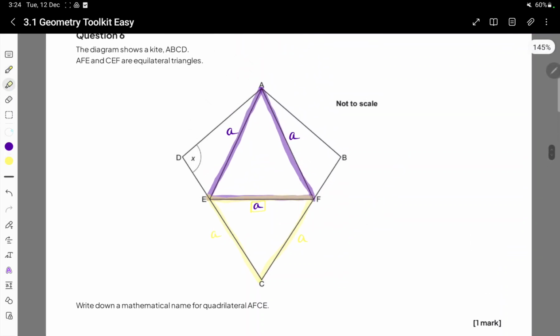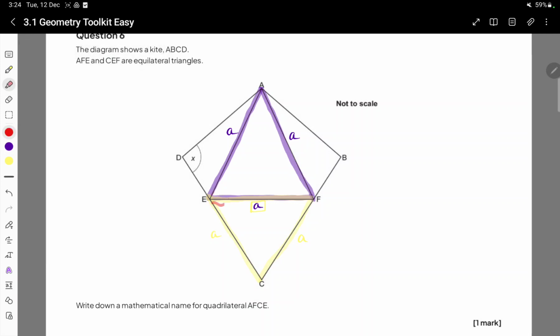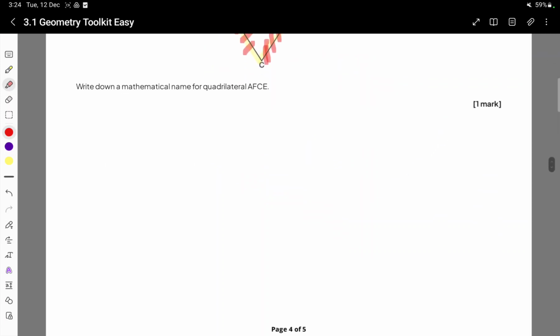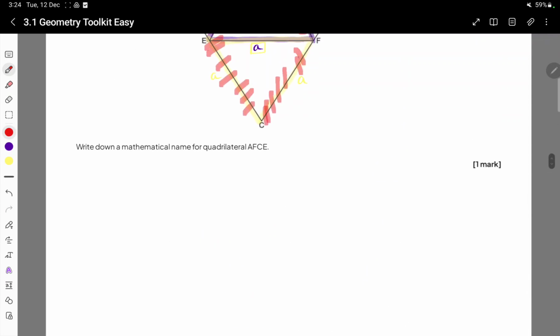So which quadrilateral is AFCE? If you see this, all sides are equal in this quadrilateral, which means it is a rhombus. That's all. So the answer is rhombus. AFCE is a rhombus.